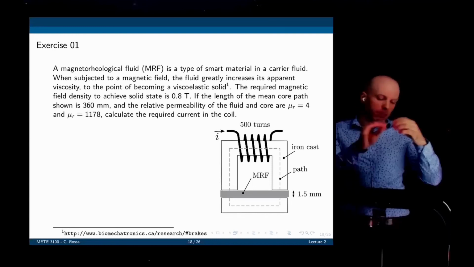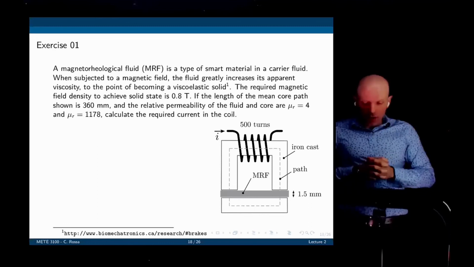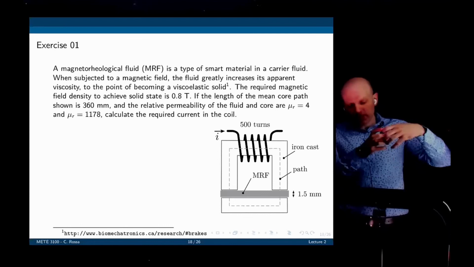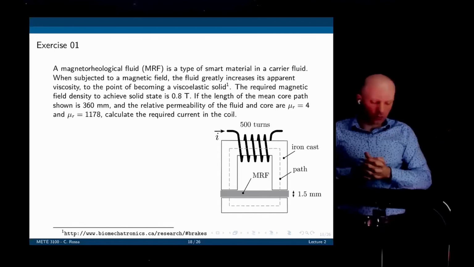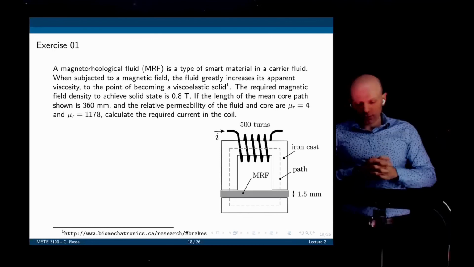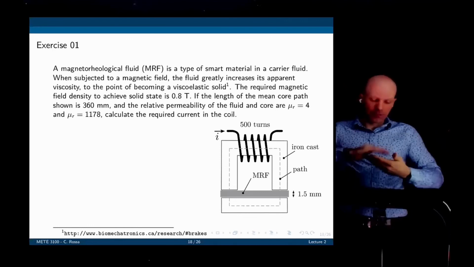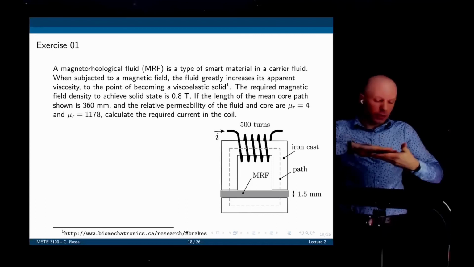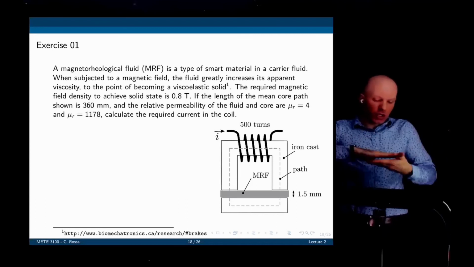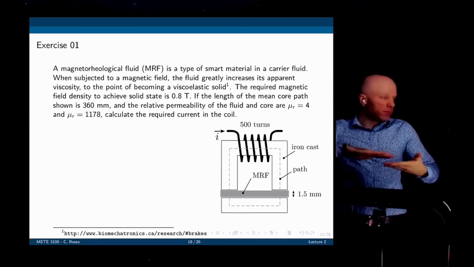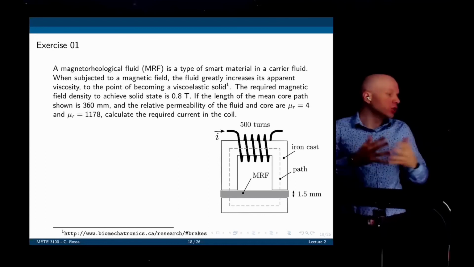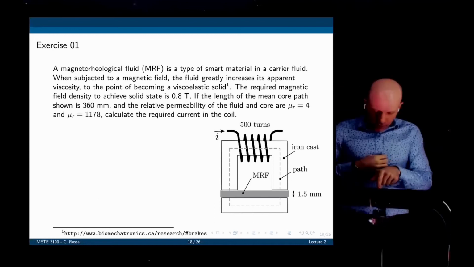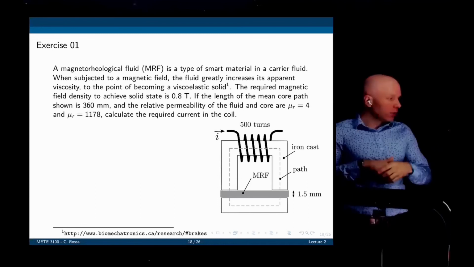You can use that to make brakes, for example. You put the material between two plates that slide with respect to each other, and when you approach a magnetic field, the viscosity changes, so the resistance required between the moving plates changes. That's the principle of magnetorheological brakes.